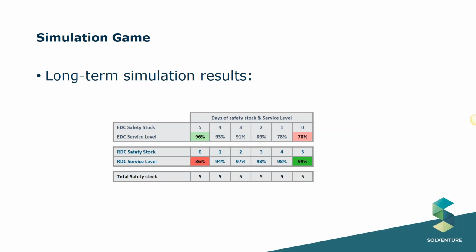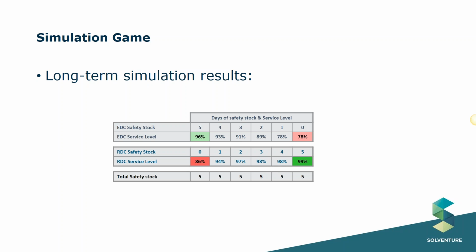If you want to get rid of the variance, you can simulate over a longer horizon and then you get the results shown here. So what do we see? If you have 5 days of safety stock, the only way to get a 99% service level to the final customer, in case it's delivered to the customer by the regional DC, is to put the 5 days of safety stock in the regional DC.